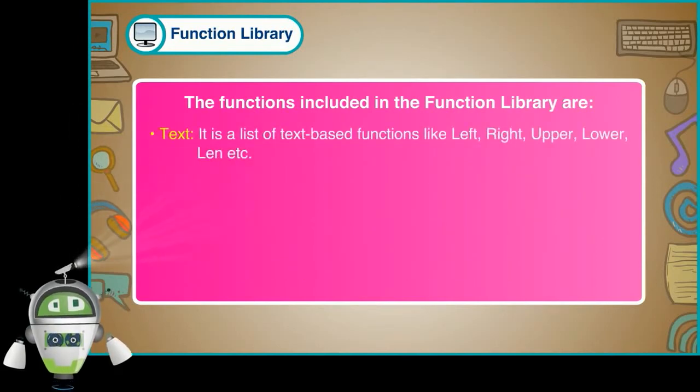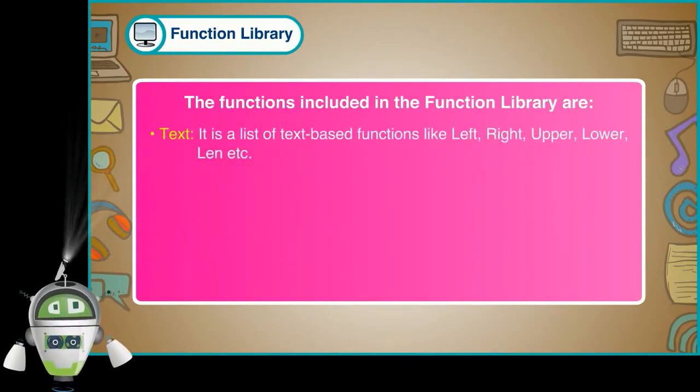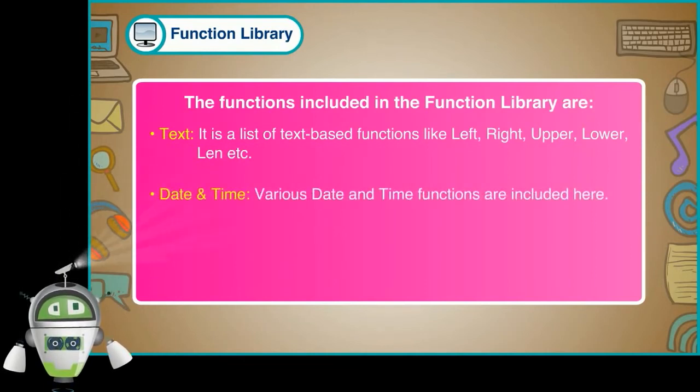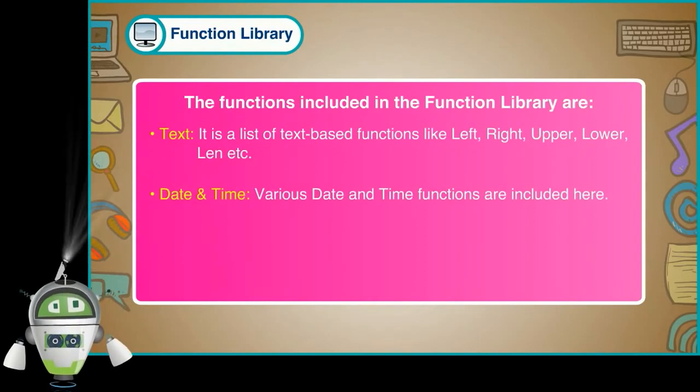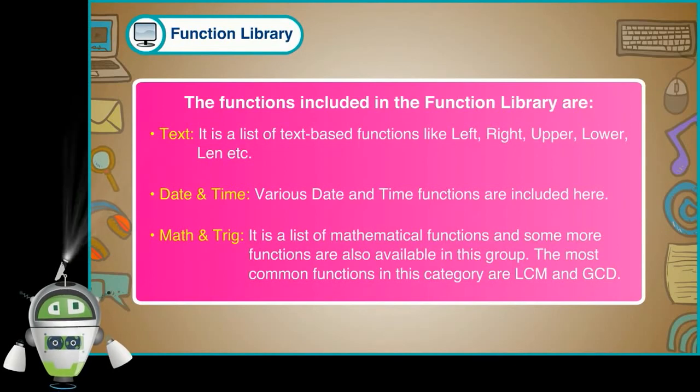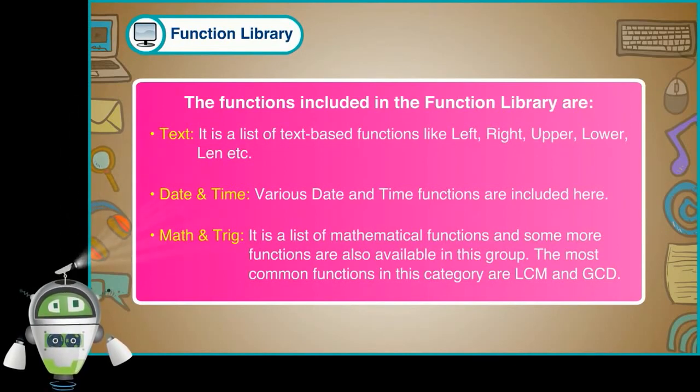It is a list of text-based functions like LEFT, RIGHT, UPPER, LOWER, LEN, etc. Date and Time. Various date and time functions are included here. Maths and Trigonometry. It is a list of mathematical functions, and some more functions are also available in this group. The most common functions in this category are LCM and GCD.